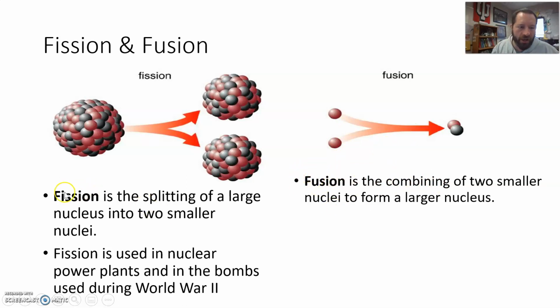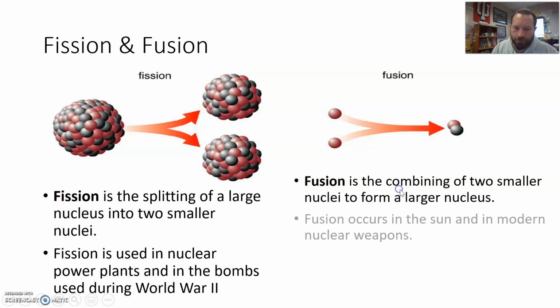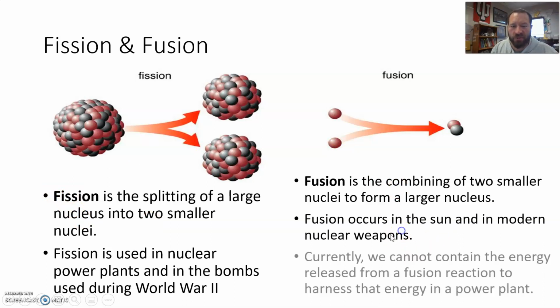So one dot for fission, one dot explodes into two dots. Fusion, they come together. The u, they come together, the i, they split apart. Fusion is what's occurring inside of our modern nuclear weapons, as well as in the sun. Currently, we cannot contain the energy. It's just too much. We can't harness it, so we can't use it in a nuclear reactor.